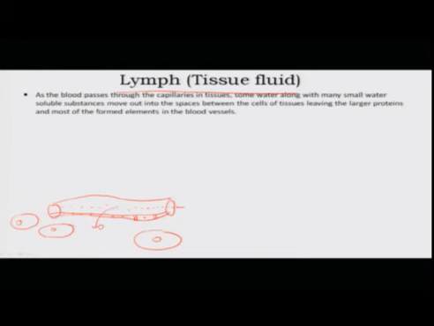The gases such as oxygen, the nutrients, as well as other components of the blood such as hormones and other growth factors and proteins. So, all of these can pass through the gaps that are present between the capillaries.